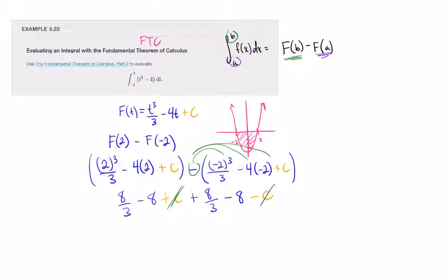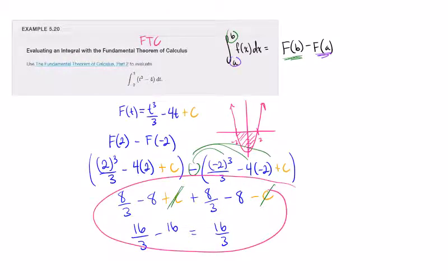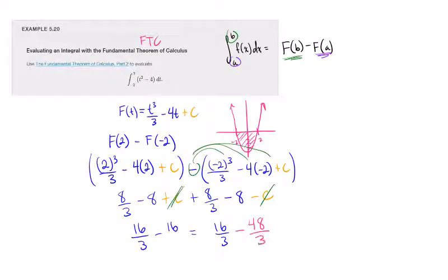So now let's combine these like terms. We have 8 thirds plus 8 thirds is 16 thirds, and negative 8 minus 8 is negative 16. Now I want to get a common denominator. You can do this a lot of different ways. You don't have to show all the work as far as the operations here. You can do mental math, or do it in your calculator. I trust your abilities in that regard.